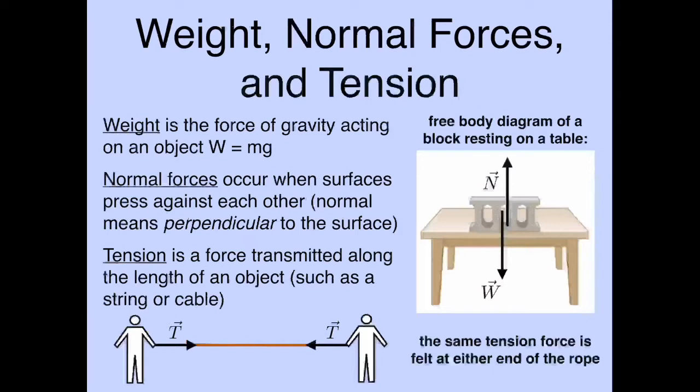That force that each person feels from the rope, we'll call T, the force of tension, and it's a pulling force. It pulls each one of them towards the other. And the tension is constant throughout the rope. It's going to be the same force T that you see at the left end as you see at the right end. So that's something to keep in mind: the tension force is the same at either end of that rope.